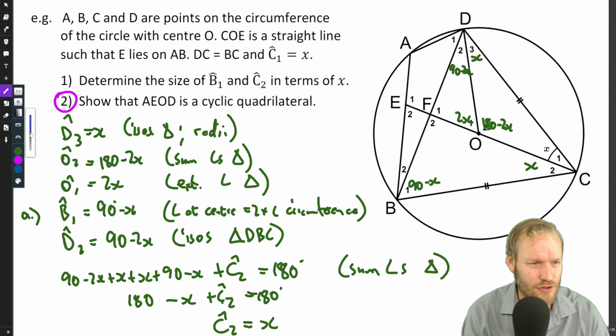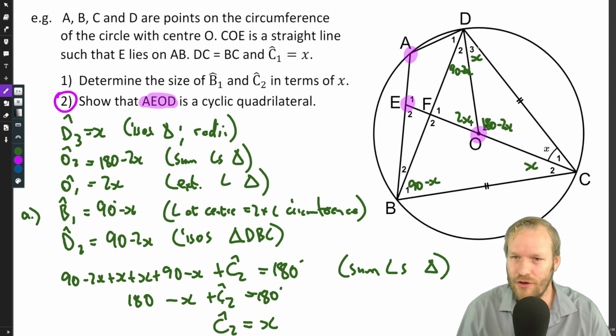So what can be quite useful is, let's just highlight this part so we see what we're looking at. AEOD is a cyclic quadrilateral. To do this, remember there are a few ways. One is to draw our cyclic quad and see if we can show that opposite angles add up to 180, so either those two or those two.